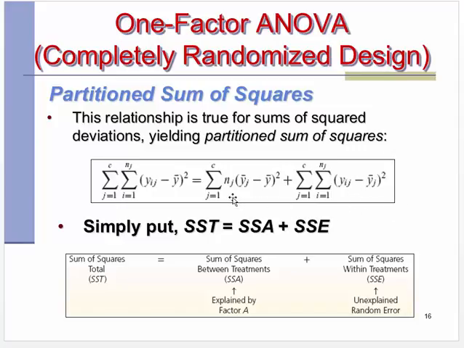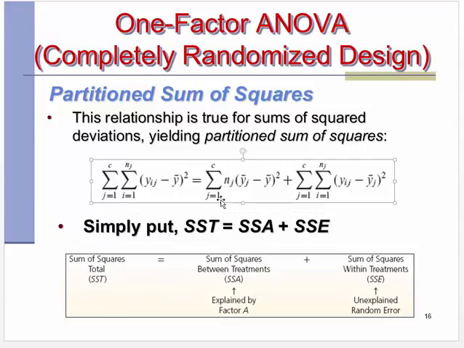Put simply, the sum of squares from individual observation to the grand mean we call sum of squares total, or SST. SST equals SSA plus SSE.